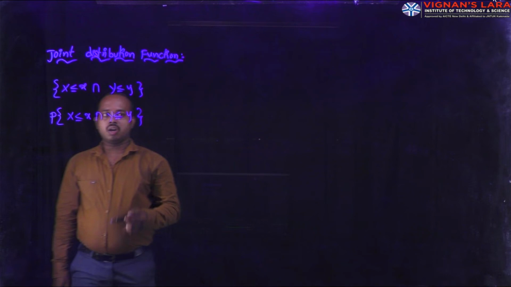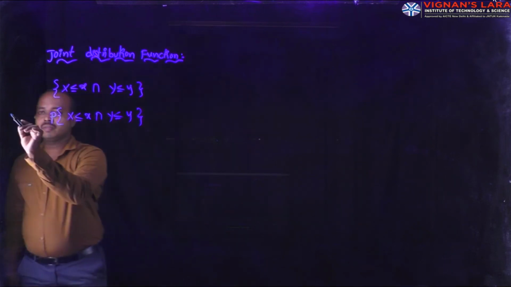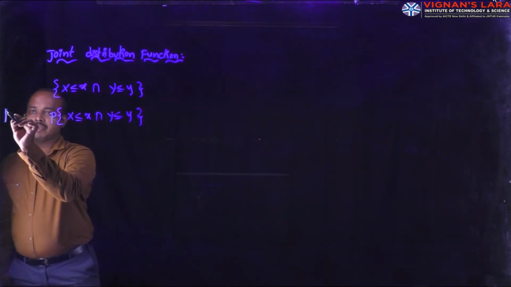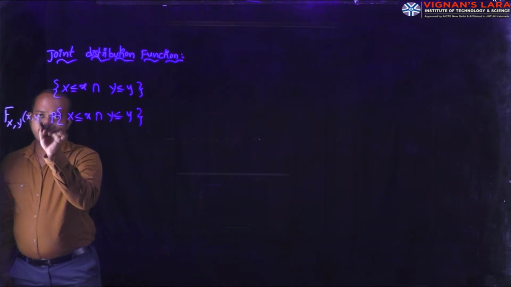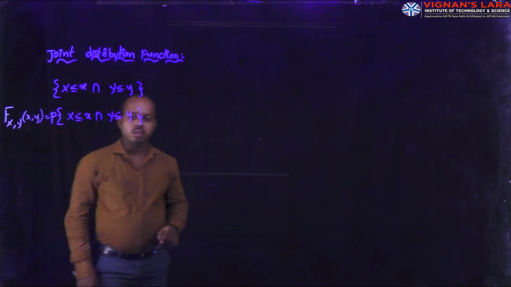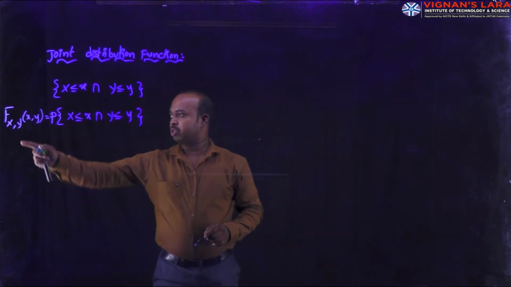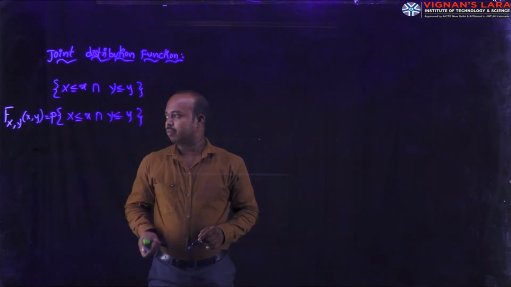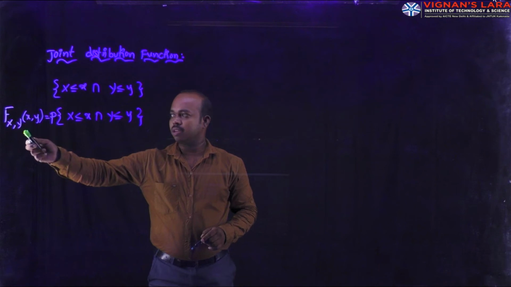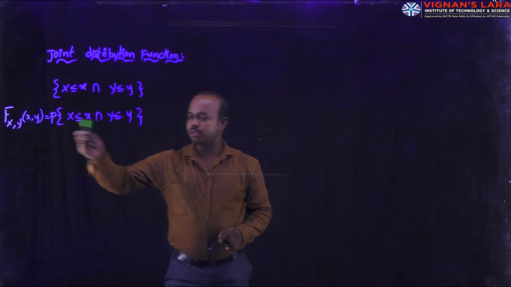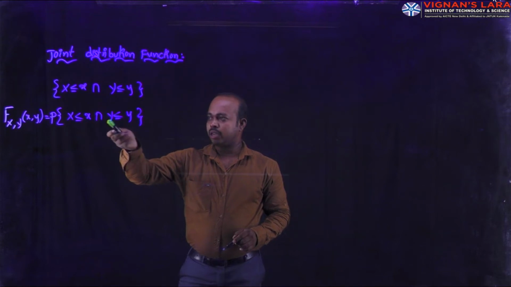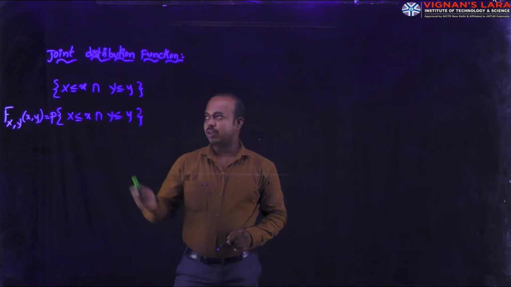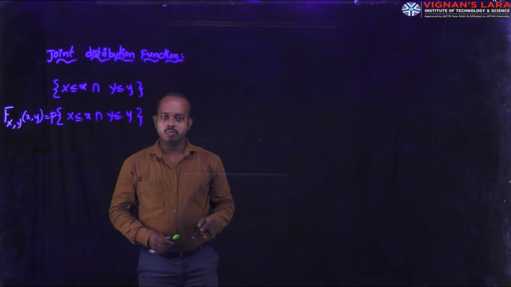The notation of this function is capital F subscript X,Y of x,y, equal to the probability of event X and event Y intersection.